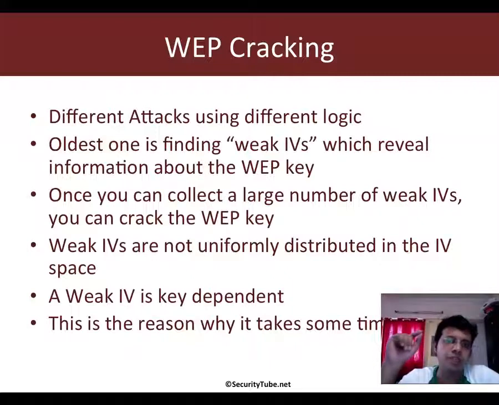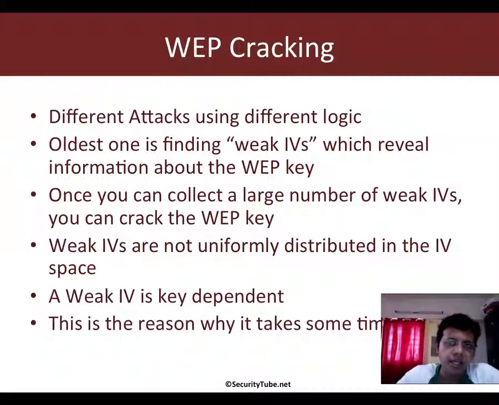Now, a couple of interesting things: these weak IVs, which give out information about the WEP key, are not uniformly distributed in the entire IV space. When I say IV space, you will remember that the IV is 3 bytes or 24 bits long, which would mean there are 2 to the power 24 possibilities, which is not much if you think about it.